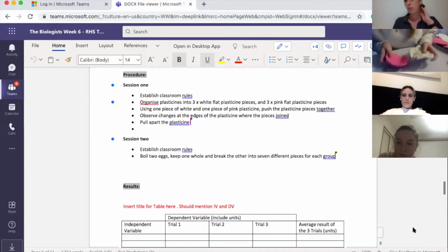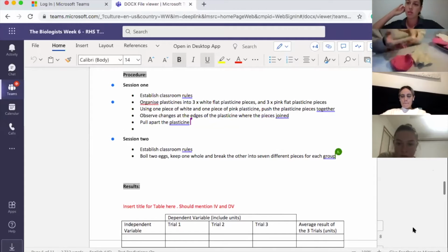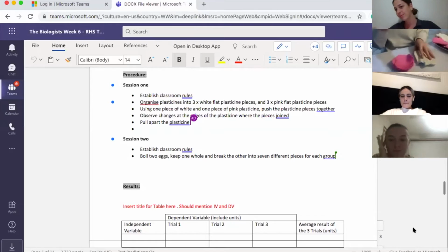Just forms it. Are we meant to be writing this somewhere? We're writing the procedure as we go, but Jenna, just take pictures of everything as you're doing it, because I need to put them into the table. Okay. That's the slide.